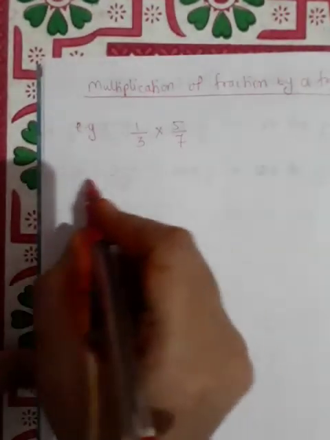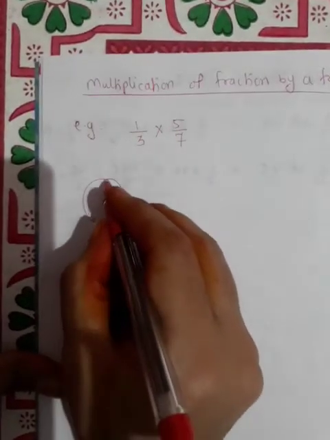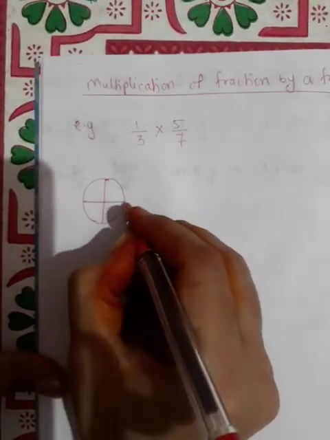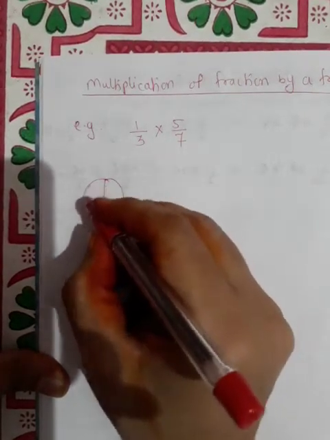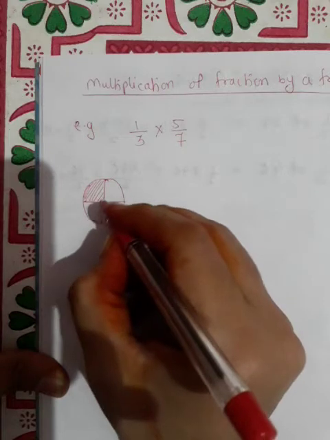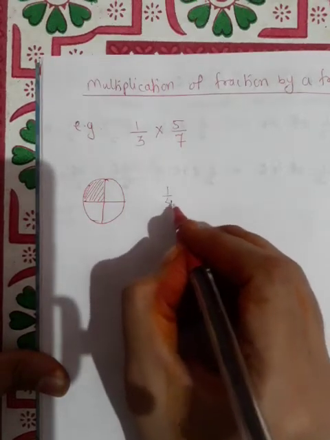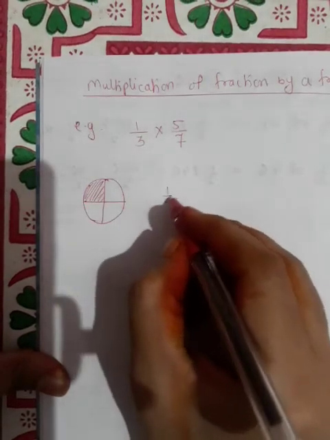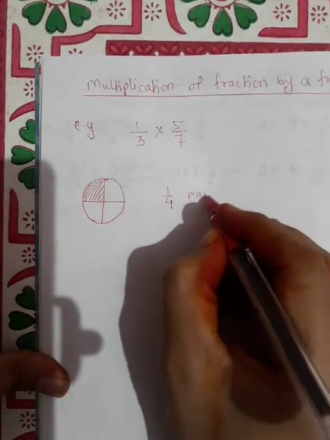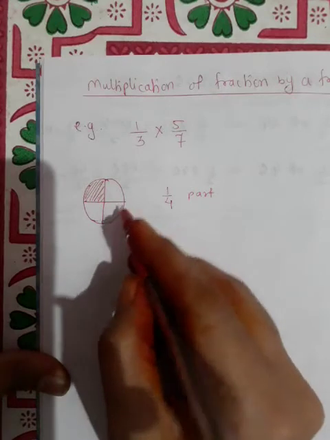Before starting, let's see the figure. If we divide a circle into 4 equal parts, then this shaded part represents 1 by 4 part of the circle.